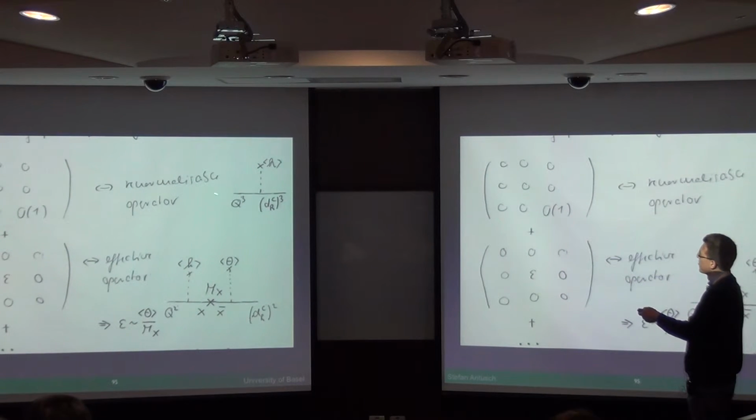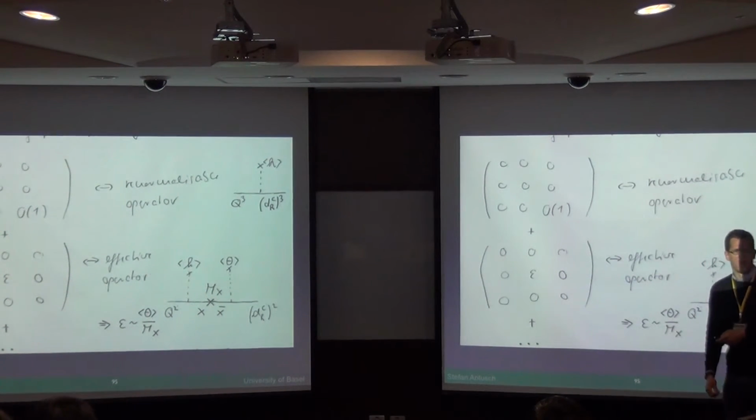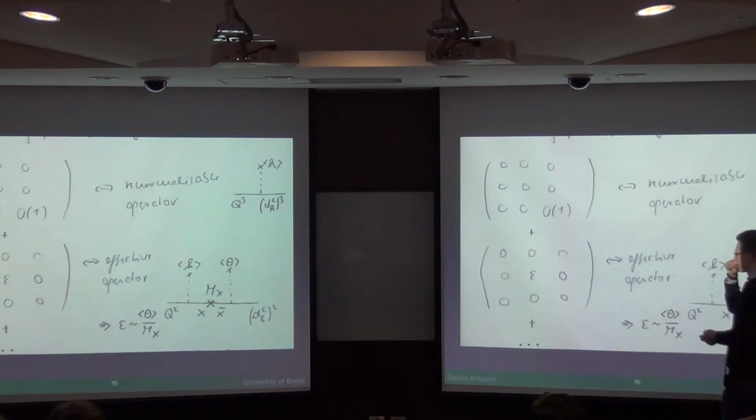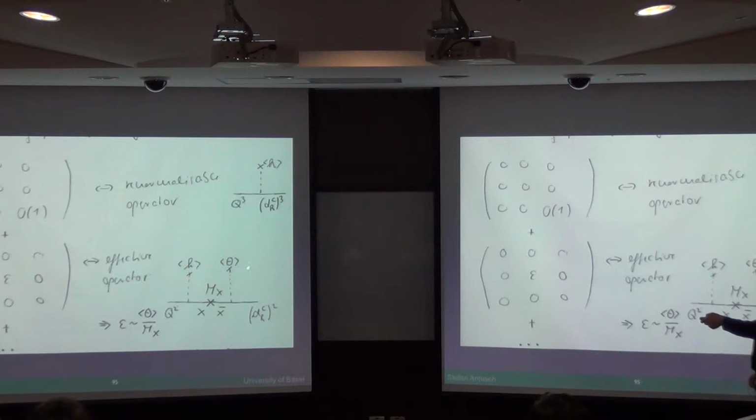And then from this you would expect some kind of unsuppressed Yukawa coupling. But for the second family, for example, you would like to explain why this Yukawa coupling is smaller than this one here, then you can think that it may come from an effective operator. So an effective operator has some extra field in here, which gets a vacuum expectation value, then it will be suppressed by this vacuum expectation value over the mass of this field with this exchange here in order to generate the effective operator.